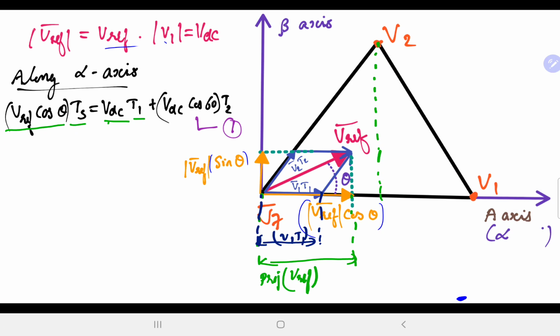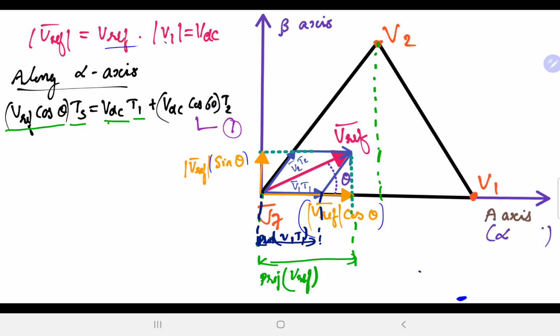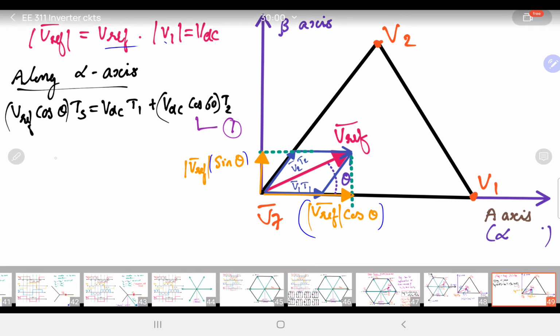Okay, projection of that, and then the projection of this, this is the vector, you get that. So those three vectors together, I get the total result. Okay, so we have vref cos theta ts is equal to vdc t1 plus vdc t2 cos 60.